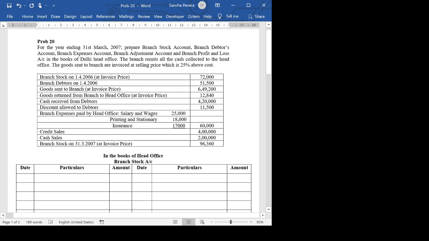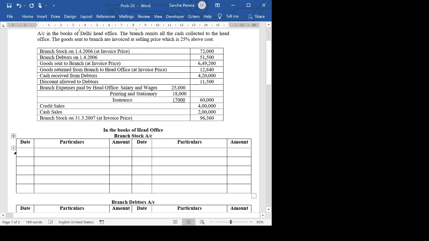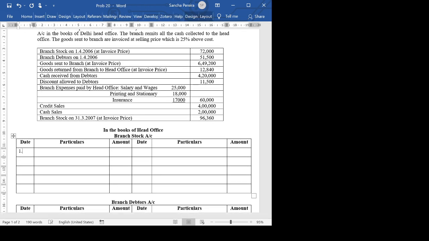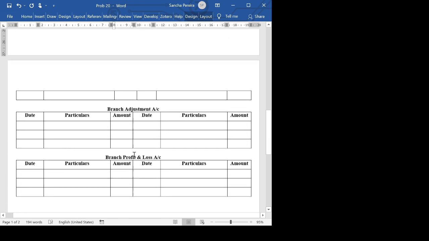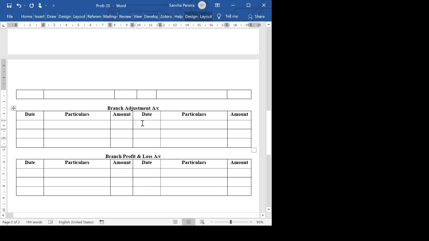Okay. So let's begin. We have the opening balance of stock, 1st April 2006, to balance brought down, 72,000. Immediately on this, we need to calculate the loading. The loading, or the profit element, is shown in the adjustment account, 1st April 2006, by stock reserve.